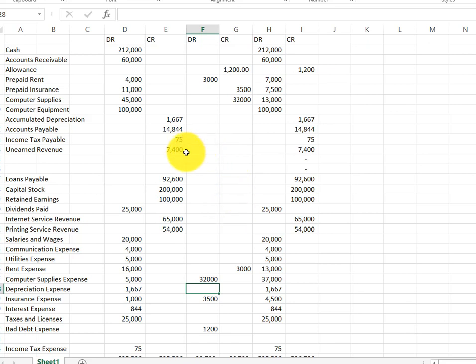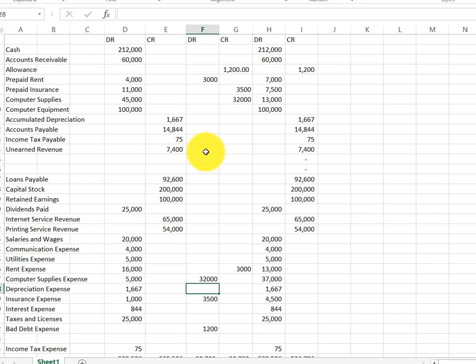So now, if there had been too much put in revenue to begin with, there are times where we have to look at our contract and decide that we have more in unearned revenue, which would mean we'd have to credit it and we would have to debit our actual revenue. So we pull out the contract.